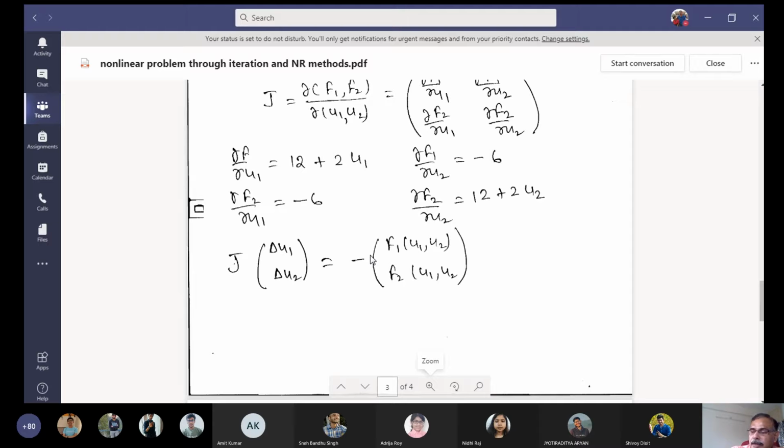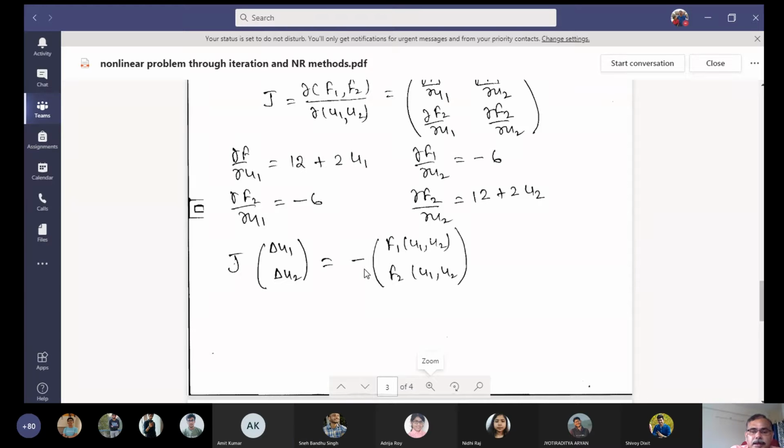You may write that as minus of 1 upon f prime(x_n) into f(x_n). So this minus of 1 upon f prime(x_n) is replaced by the Jacobian. If you take this Jacobian here, it will be minus 1 by J.